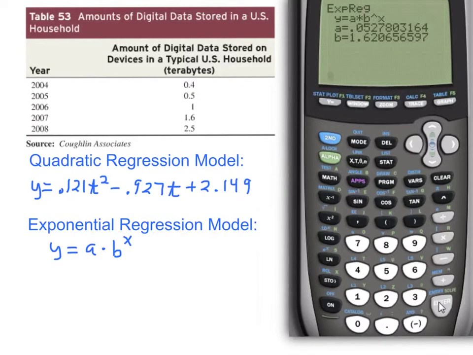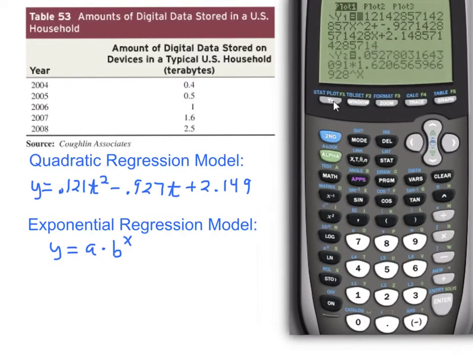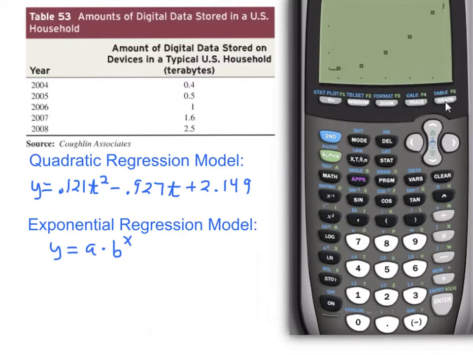And when we hit enter on that, we get our results. So you can see that's already been entered into Y2 automatically, and so I'm going to graph that. And that's the quadratic one, and now if you look carefully you can see another one being plotted in there. That's the exponential one. And the two models are almost identical here.